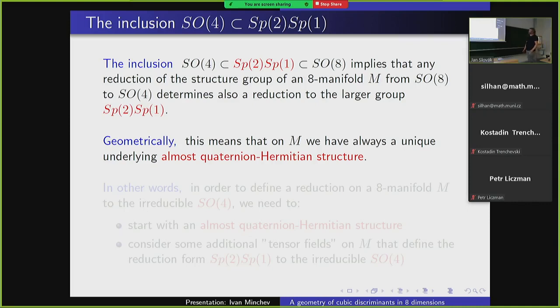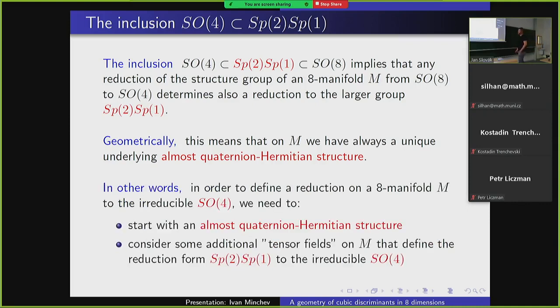This means that on such manifolds we always have an underlying almost quaternion Hermitian structure. It comes for free. In other words, in order to define a reduction to SO(4), we need to start with an almost quaternion Hermitian structure first, and then consider some further conditions. That's the way we go.